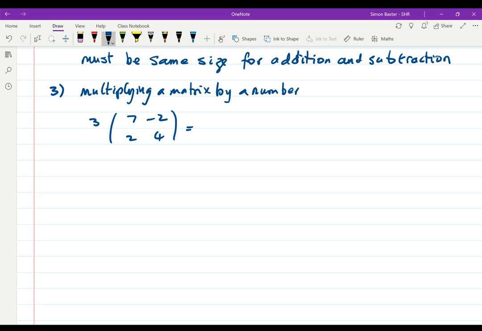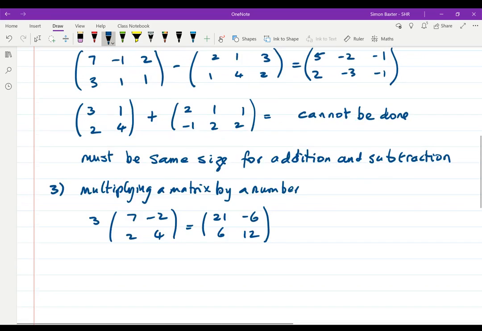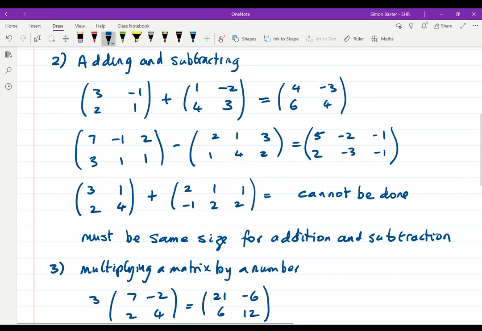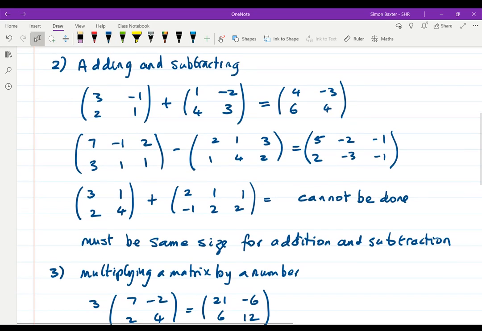If we just use common sense now, we define what we mean by multiplying in a common sense way. 3 times 7, 3 times minus 2, 3 times 2, 3 times 4. So that is 21 minus 6, 6, 12. So basically, for all of these things, we've just made up rules. And when we have these rules of algebra for matrices, then we can go on to use them and do things with them.